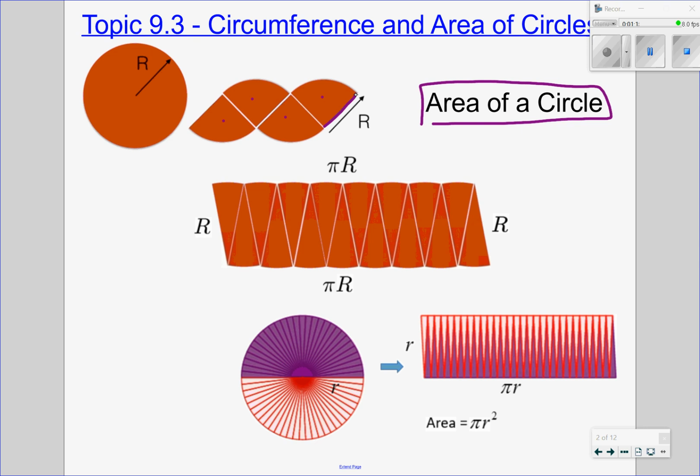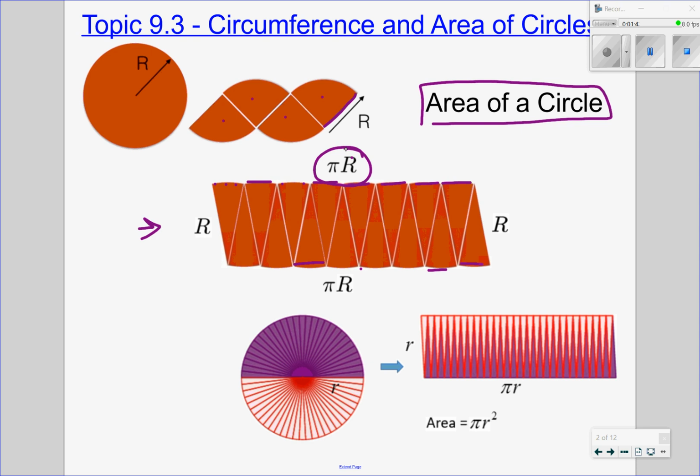Or we could break this up into however many pieces of pie you want, and we get down to something that looks like this, where these are all flattened out versions of the pieces that go all the way around the circle. Once these start flattening out, this is just the amount of radii times pi.